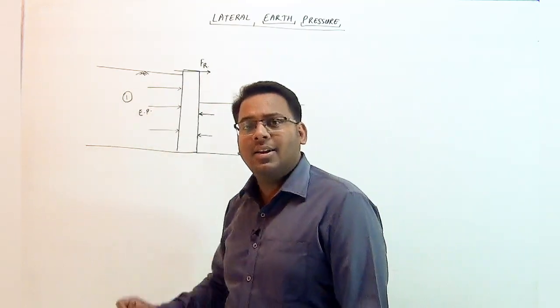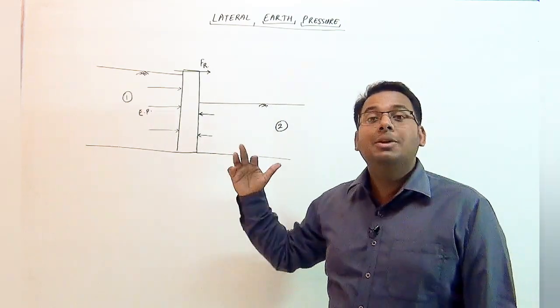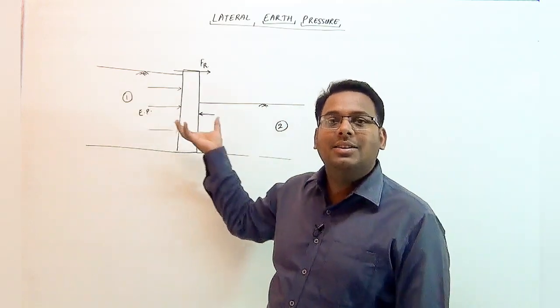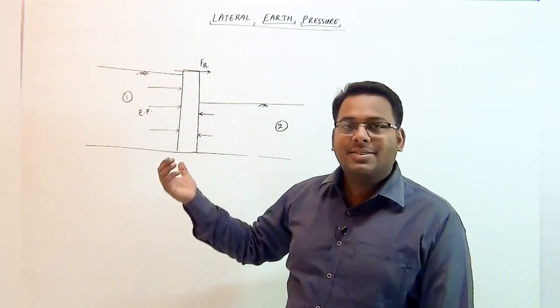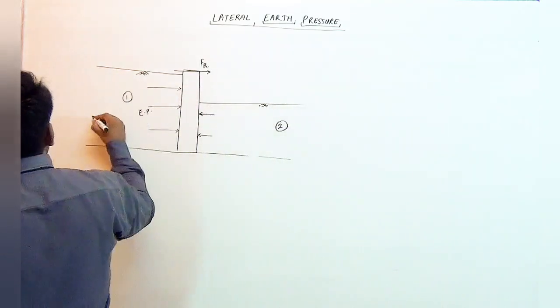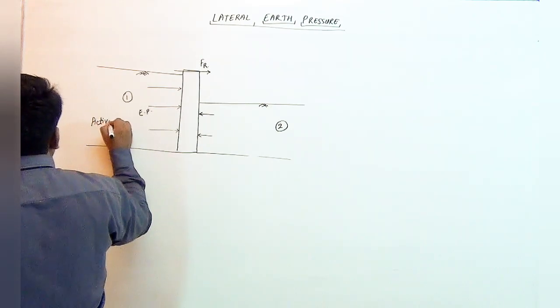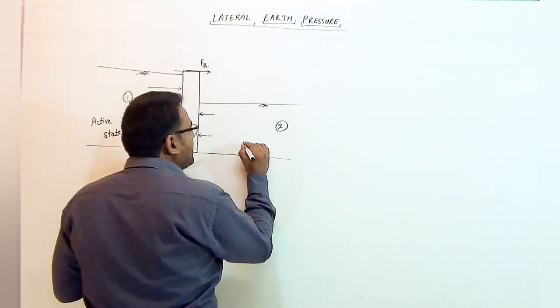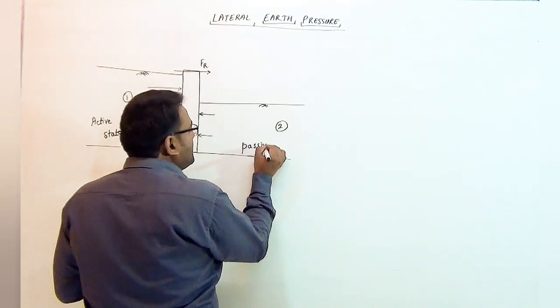We can say that this soil 2 is sleeping. This soil is active and is working while this soil is sleeping. Hence, this soil is said to be in active state, whereas this soil 2 is said to be in passive state.